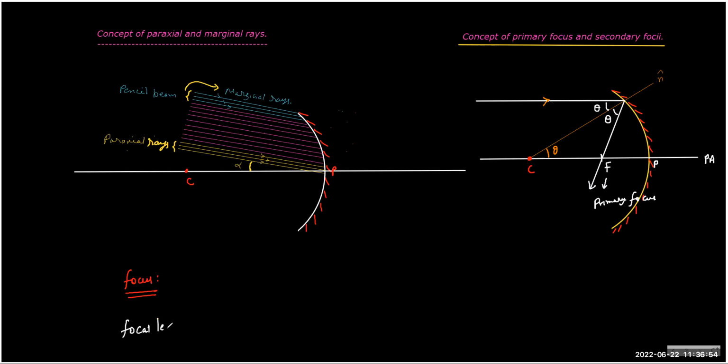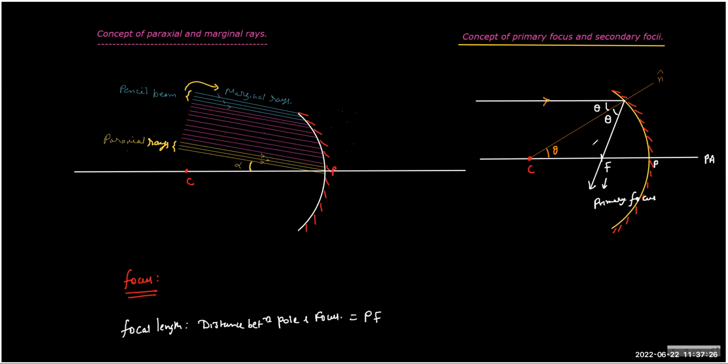Focal length by definition is the distance between the pole and the focus. Correct? That is very much obvious, P to F. But the question is how you are going to calculate the P to F distance.